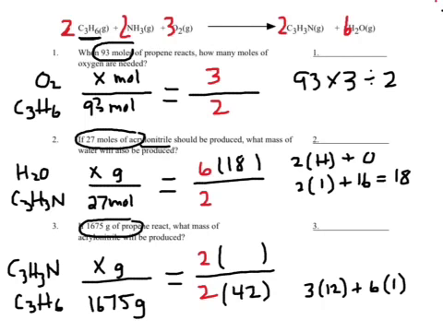And acrylonitrile is going to be 3 times 12 for carbon, plus 3 times 1 for hydrogen, plus 1 times 14 for nitrogen. So 36, and 3 is 39, and 14 makes 53. So we're going to put that in here. Now when you go to cross multiply and divide on this one, you would do 53 times 2 times 1675 divided by 2 and divided by 42 to get the answer.